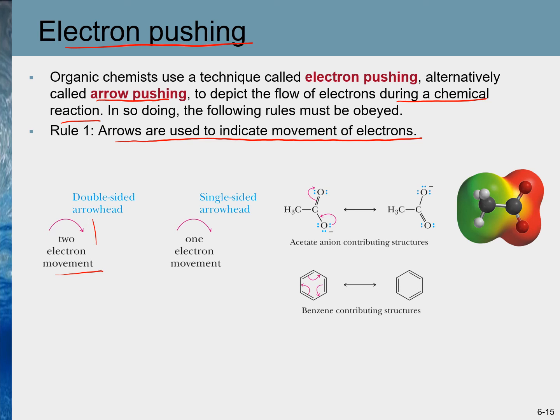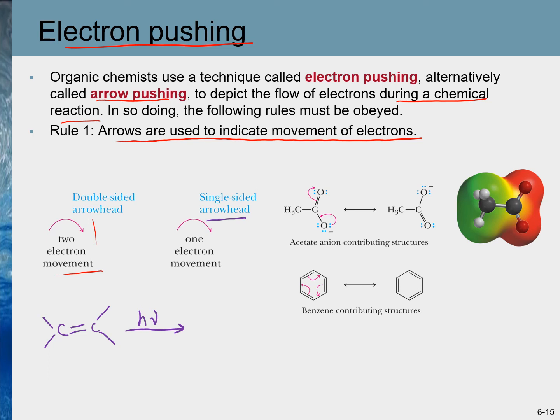On the other hand, a single-sided arrowhead is used to show movement of one electron. For example, if a carbon-carbon double bond, or an alkene, undergoes a process called homolysis. Homolysis normally takes place in the presence of light. The pi bond breaks evenly.